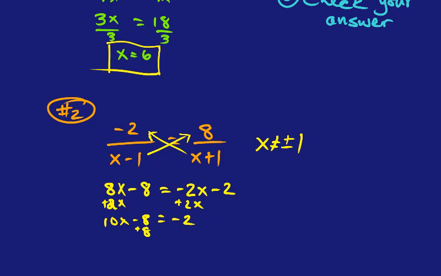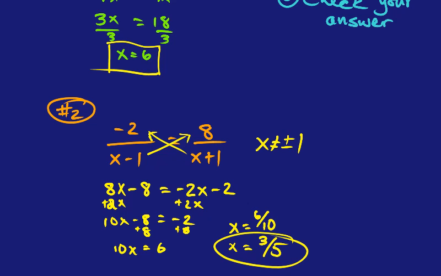We'll add 8. So now I have 10x equals 6, and I'm going to divide by 10, so x equals 6 over 10, and we'll reduce that to x equaling 3 over 5, which isn't 1 or -1, so you're good. That's your answer.